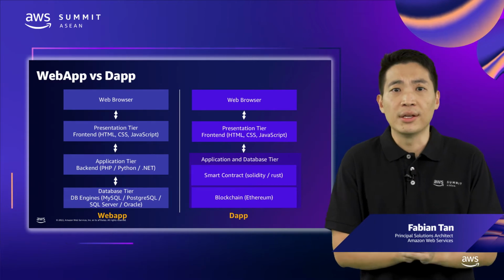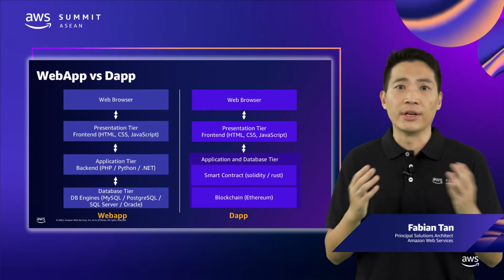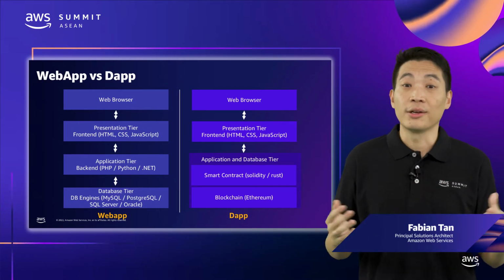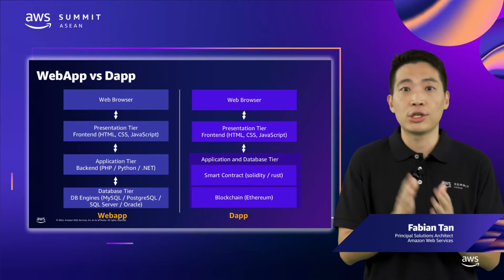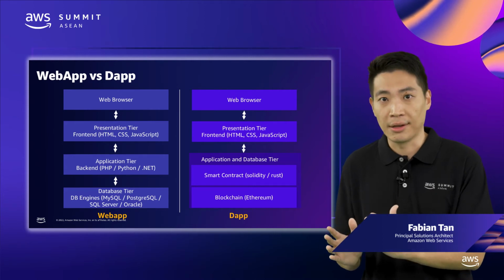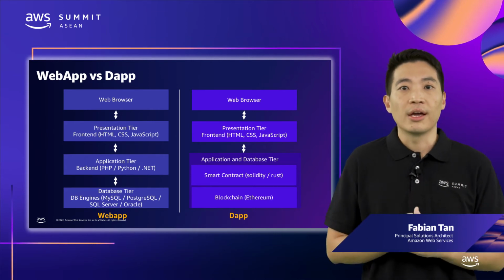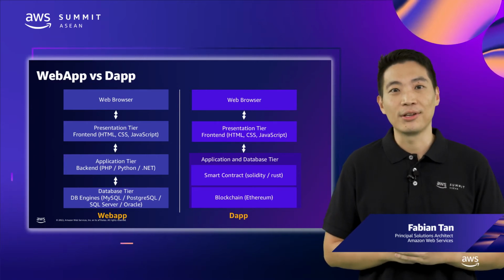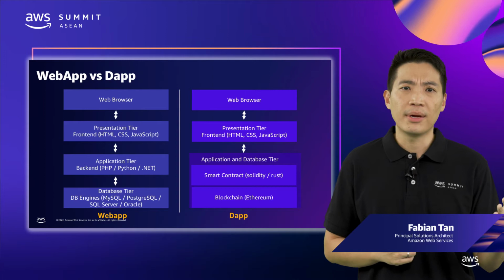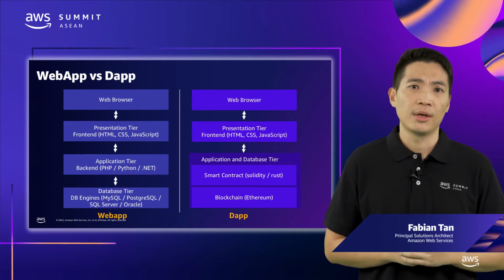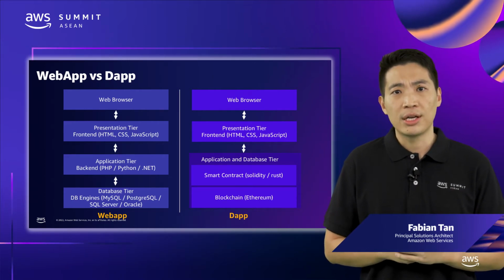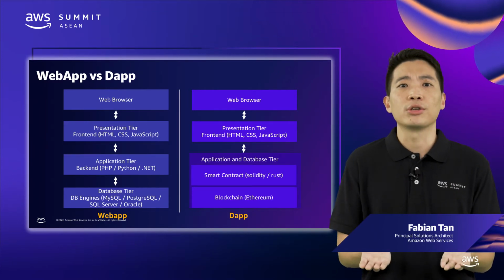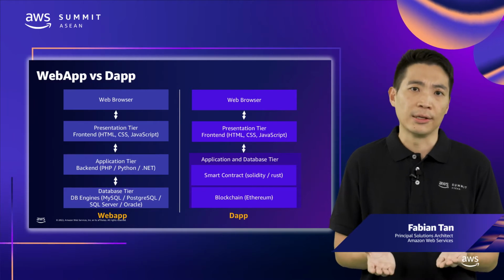And when you put it side by side with a Dapp, you'll see that the technical architecture is similar with differences in implementation and technology utilized. The web browser and presentation tier remains the same. However, at the application tier, the business logic is implemented into a smart contract. At the database tier, the blockchain serves as the database, a ledger that stores information of transactions that were validated.